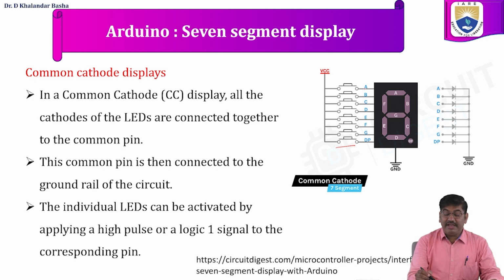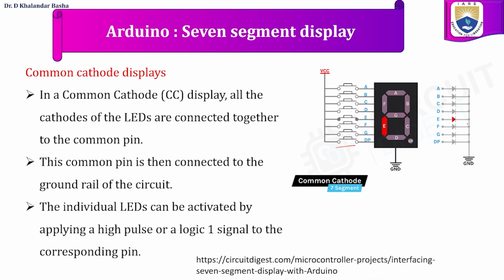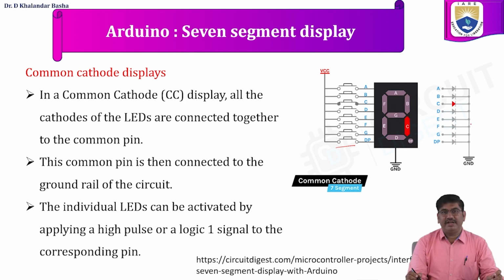So whenever A is connected, you see A will be displayed, B, C, D, E, F, G, then D. So if you give the supply, the current segment is connected to VCC, then the corresponding segment is going to be in on state.